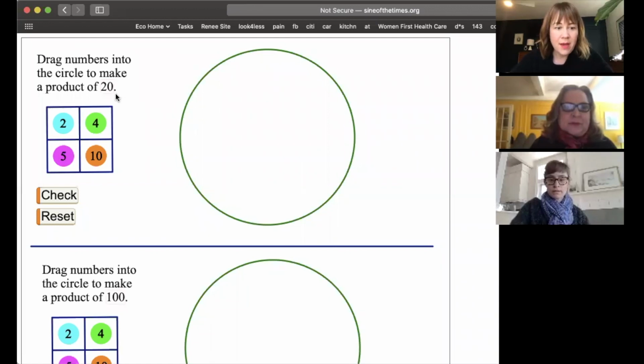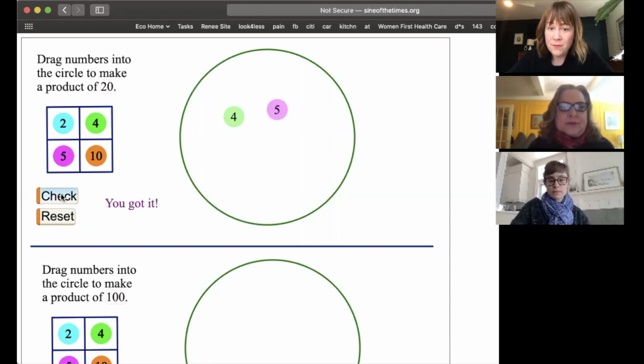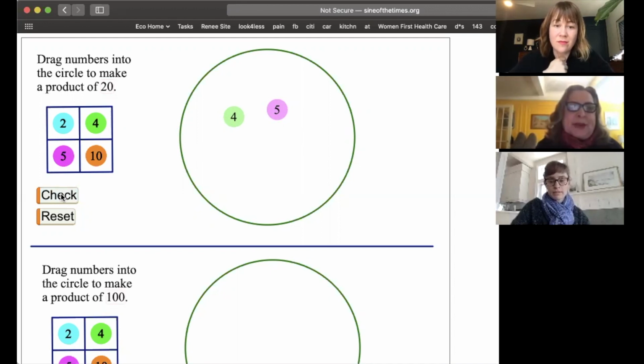All right, here we go. It's my turn. I know that 4 times 5 is 20. So I'm going to pull over a 4 and a 5, and I'm going to check. I got it. Stephanie, that seemed pretty easy for you because you used a basic fact, 4 times 5 is 20. You used 2 factors to make 20.